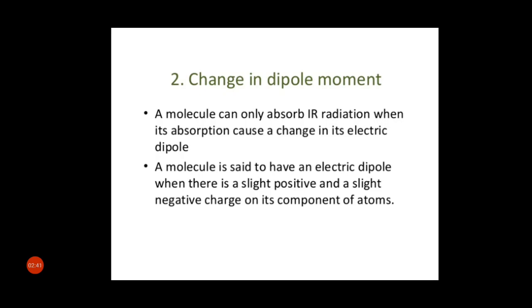A molecule can only absorb IR radiation when its absorption causes a change in its electric dipole. A molecule is said to have an electric dipole when there is a slight positive and a slight negative charge on its component atoms.